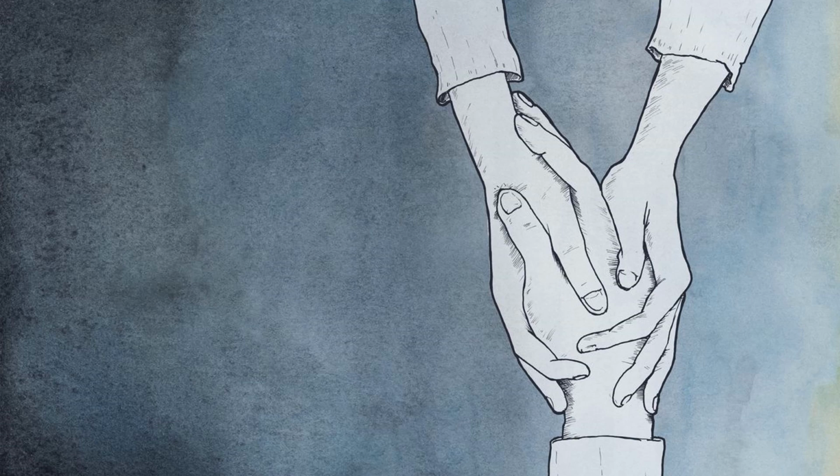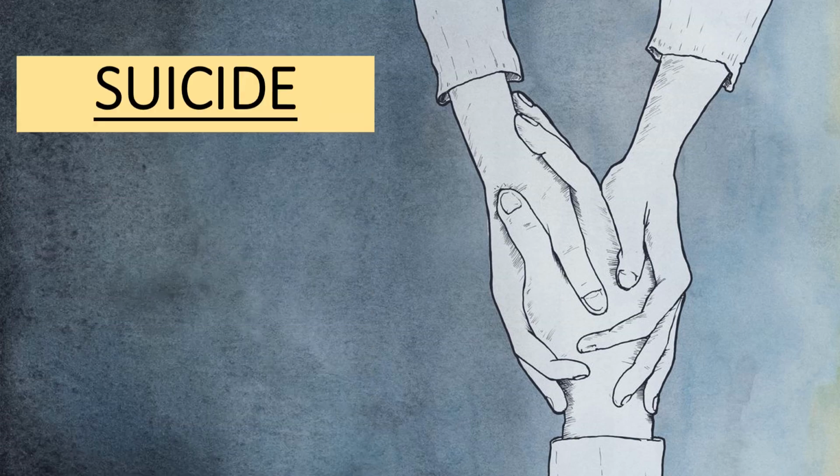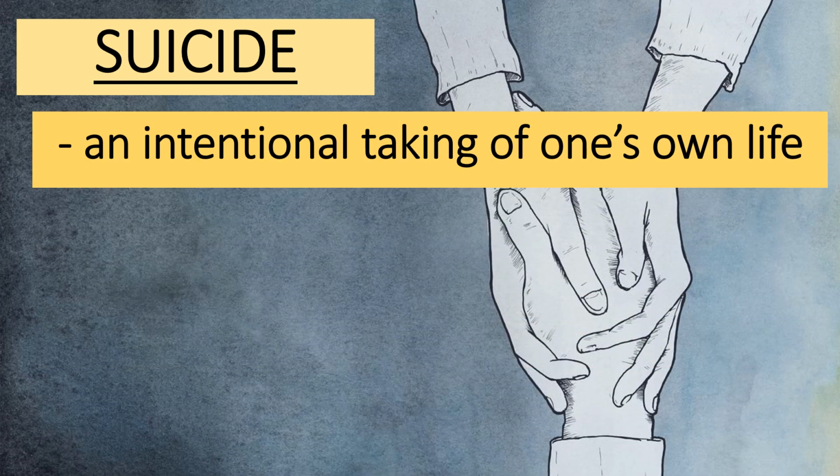Now, let's go to the types of intentional injuries. The first one is suicide. Suicide is the intentional taking of one's own life. The person chooses to kill his or herself. Many of us are suffering from mental illness, and some people do not receive mental and emotional counseling.